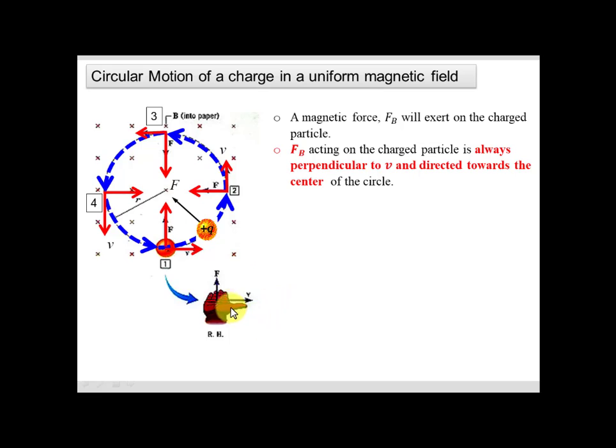Because the force is always perpendicular to V and directed to the center of the circle, under the action of such a force the charged particle moves in a circular path. Let's take a look at point 2.